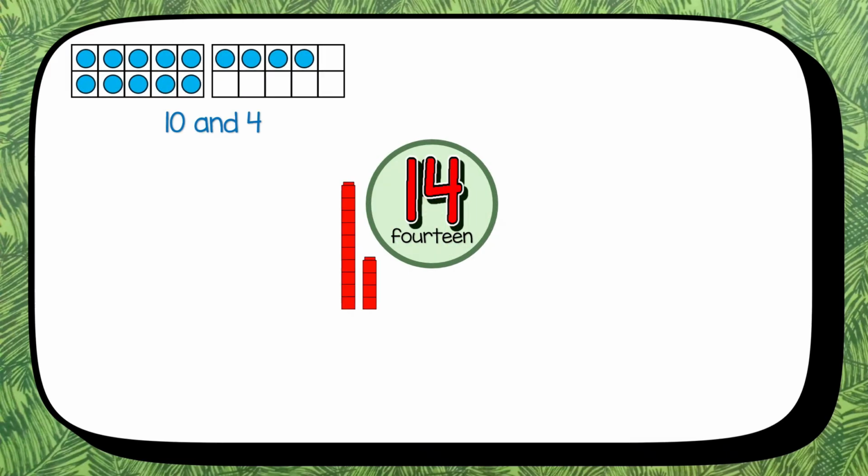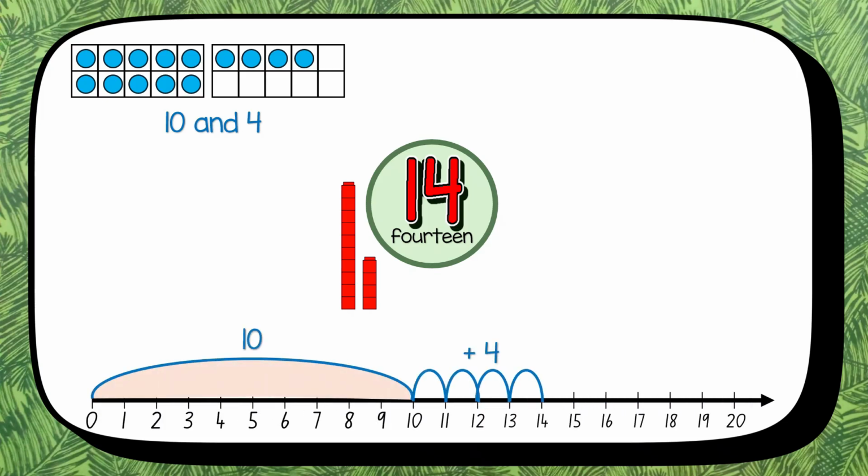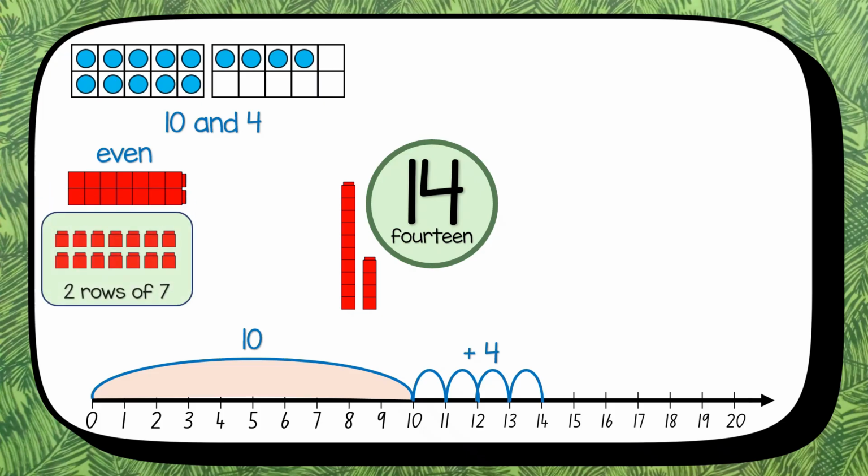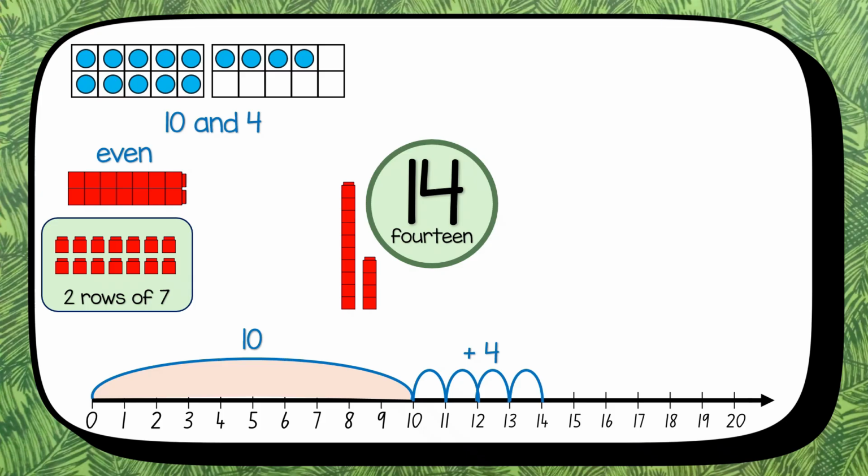And here, and here, all showing 14. We also know that 14 can be split into 2 equal parts, and that makes it an even number. We can see that 14 is an even number in our array with 2 equal rows. Another way to show 14, 2 groups of 7.